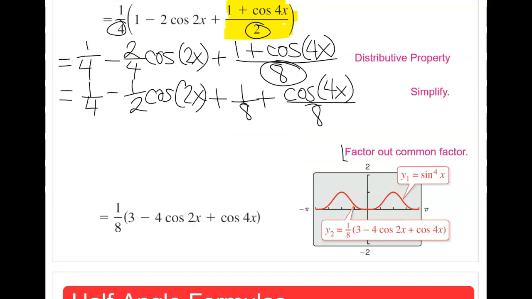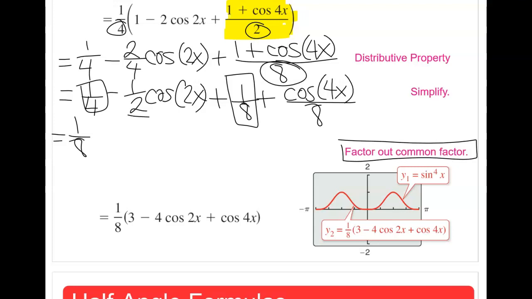Now we're going to factor out the common factor, since we have terms that are just numbers without a trigonometric expression. Our common factor must be a number, and it's actually going to be the smallest fraction that we see here, because that fraction can divide 1/4, it can divide 1/2, of course it could divide 1/8, and of course it could divide this one. Imagine it has a 1 over 8.